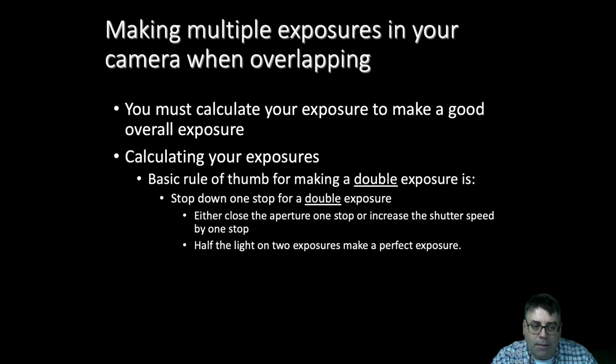Half the light would be 2 exposures to make a perfect exposure. Now, sometimes you have to use your aperture because you don't want the blur, but generally I try to use my shutter speed if at all possible.